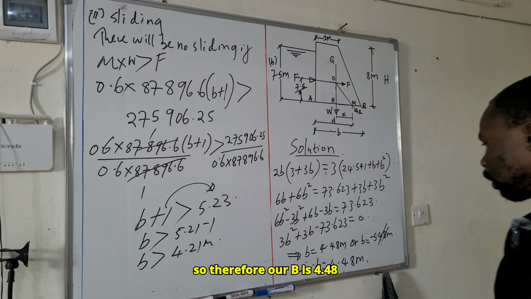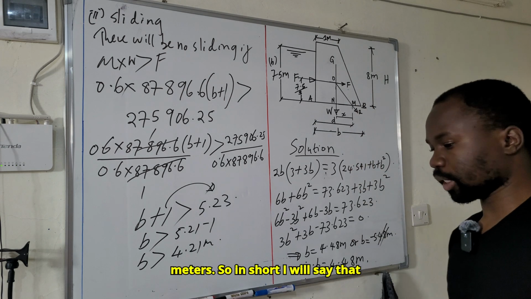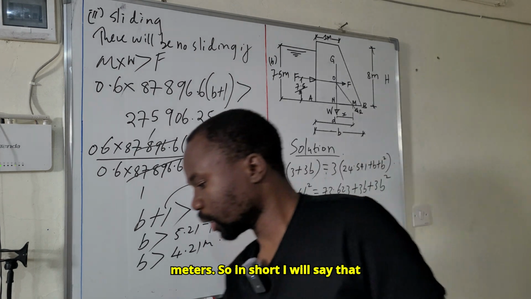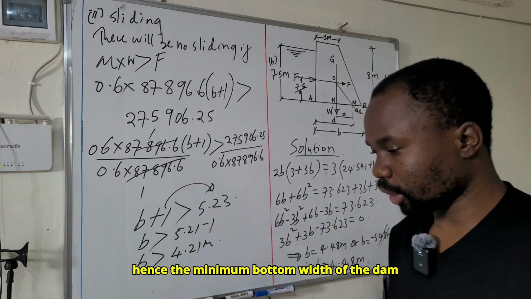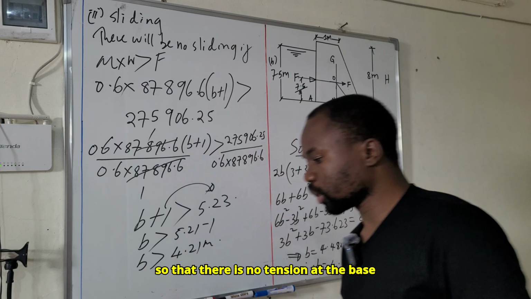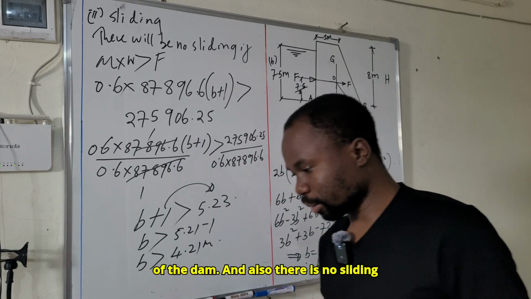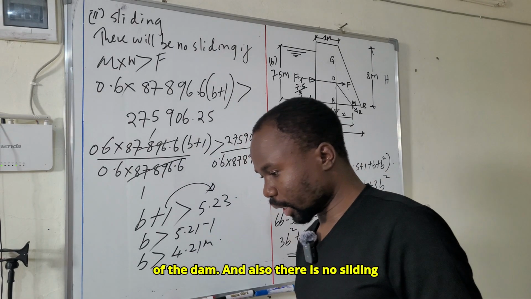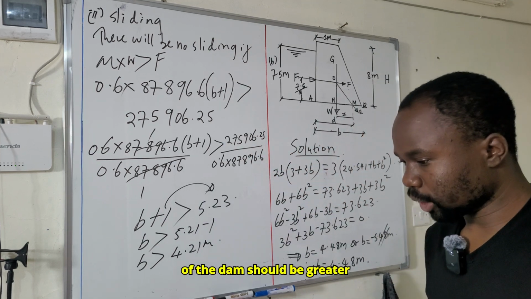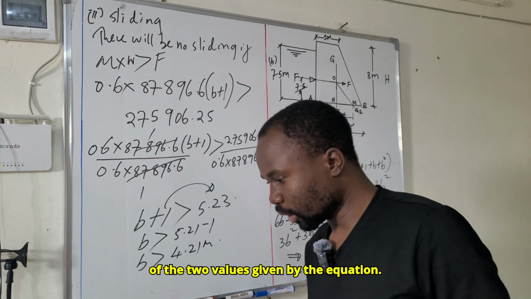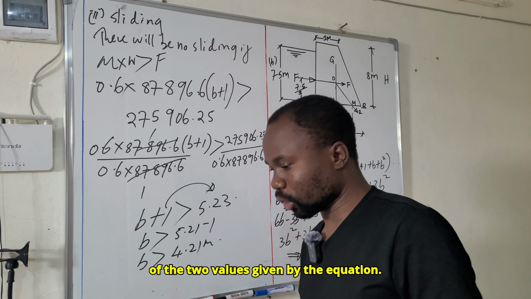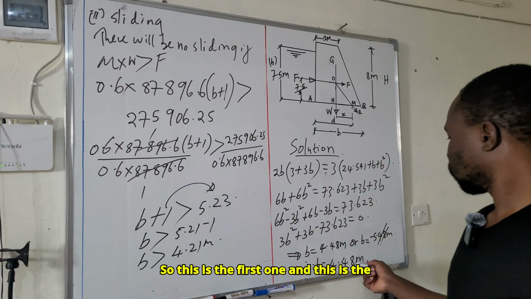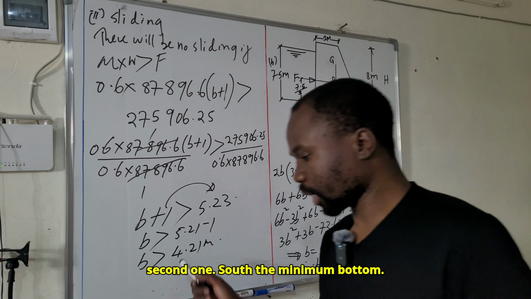So therefore, our B is 4.48 meters. In short, I will say that the minimum bottom width of the dam, so that there is no tension at the base of the dam and also no sliding of the dam, should be the greater of the two values given by the equations. So this is the first one and this is the second one.